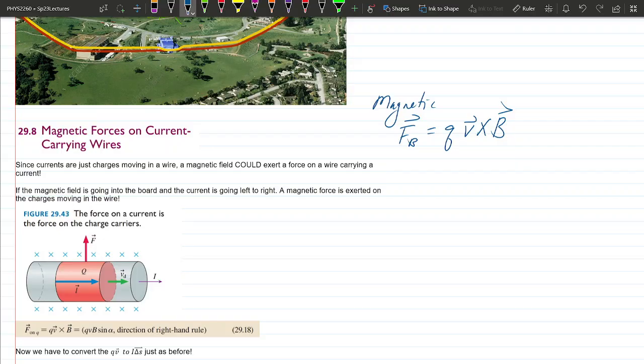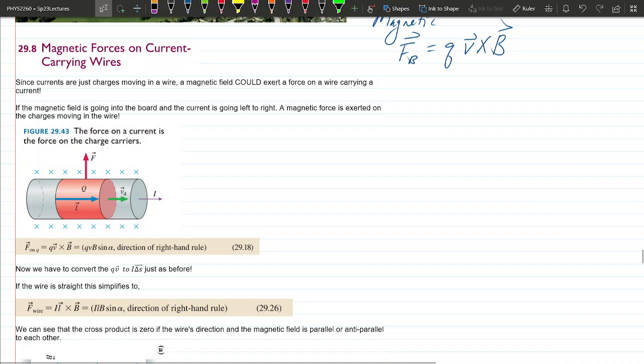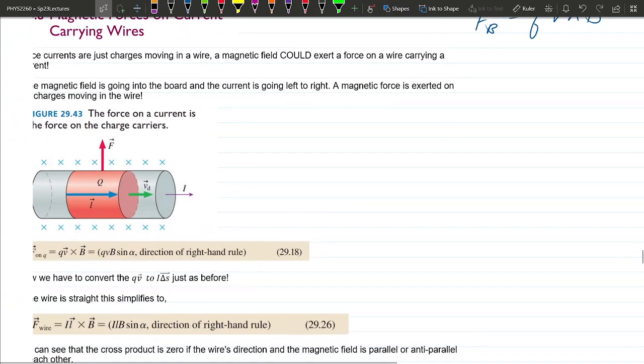Okay, what we're going to do today is explore how that affects charges that are moving in a wire. If you have charges moving in a wire, that creates a current. So the same thing happens to a wire. If you put a wire in a magnetic field, it will also be affected by it, because as long as there's current moving inside, that means there are actually charges moving inside that wire also.